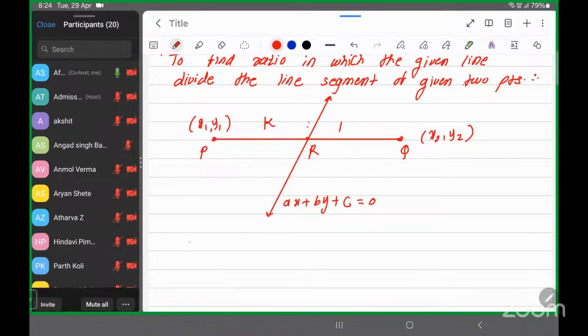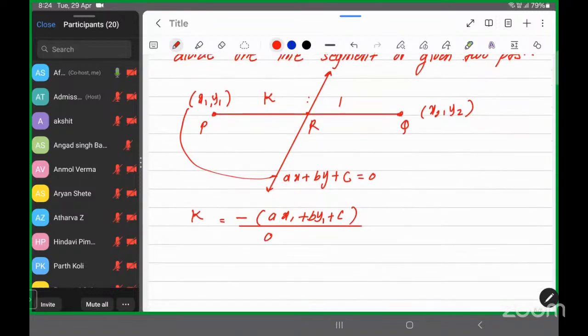Now we have to calculate the value of k. For that, I have a shortcut directly. We substitute this point in this, and give an extra negative sign: k equals minus of (ax1 + by1 + c) upon (ax2 + by2 + c).